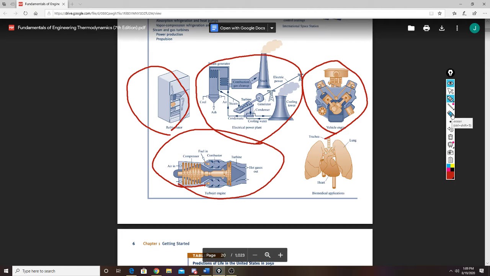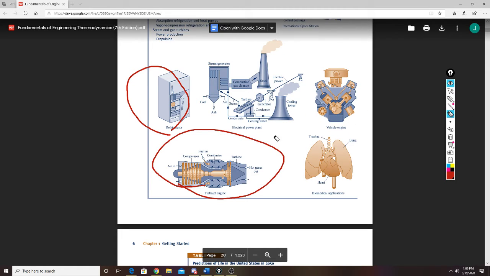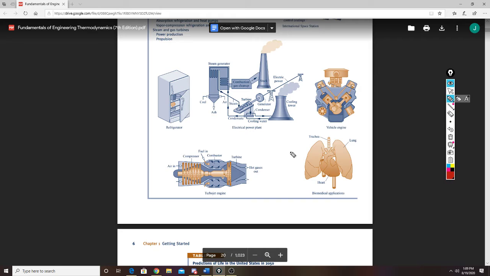You'll solve parts of these. But in the next class, Thermo 2, you will actually solve full systems such as this and this. So this class is just doing portions, to get your feet wet with the concepts and with how to solve properties, which we're about to talk about in a second. So in this class, we're going to solve only a compressor, for example, instead of the whole thing.